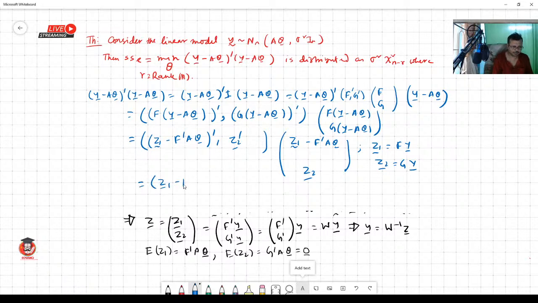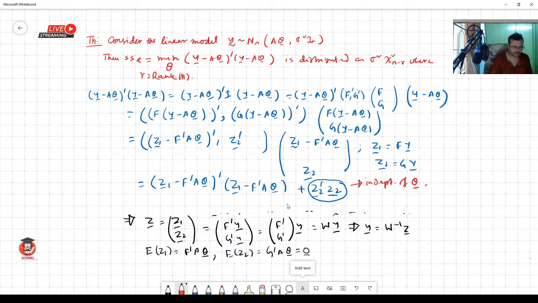So this is equal to (z1 minus f prime Aθ̃) whole prime (z1 minus f prime Aθ̃) plus z2 prime z2, and this portion is independent of θ̃.